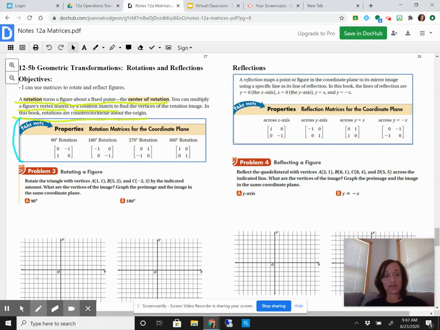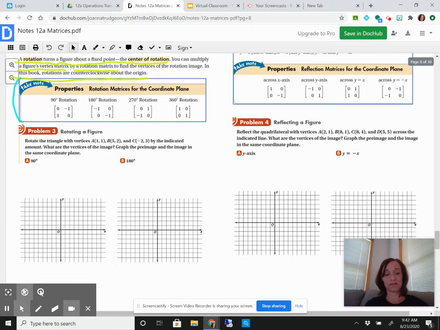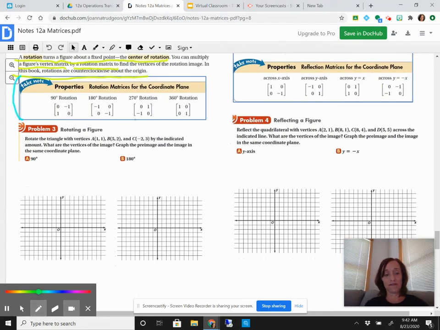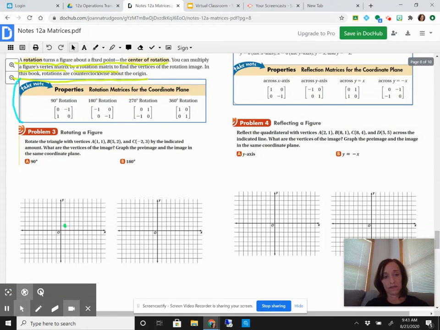Rotate the triangle ABC by the indicated amount. What are the vertices of the images? Graph the pre-image and the image in the same coordinate plane. I think it's kind of interesting. Let's graph the pre-image first. So 1, 1, that's A, 5, 2. I have to make this bigger.